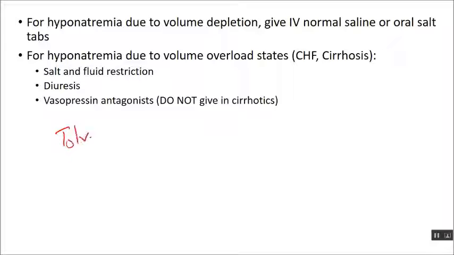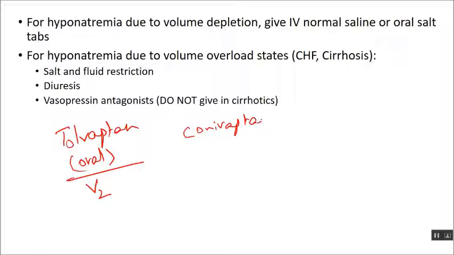One is tolvaptan, and this is an oral formulation, and it affects the V2 receptors of ADH. And then we have an IV formulation, which is conivaptan, and this affects the V2 and V1A receptors. Knowing the receptors is not that important. Just remember the names and whether they are oral or IV.